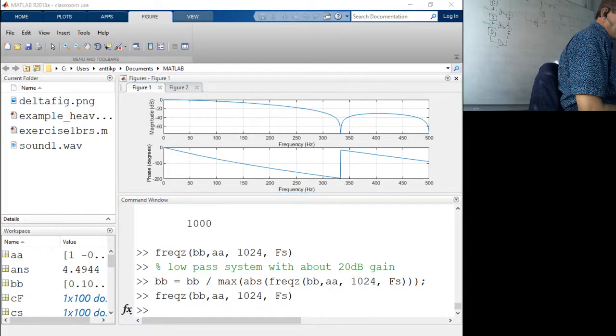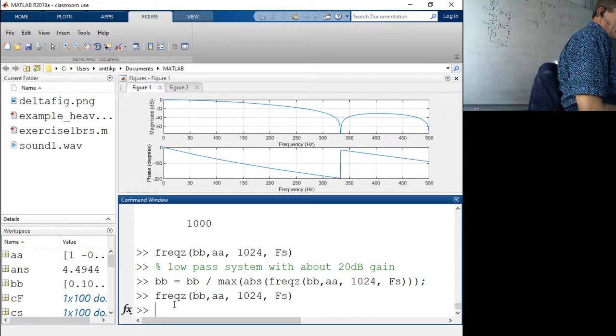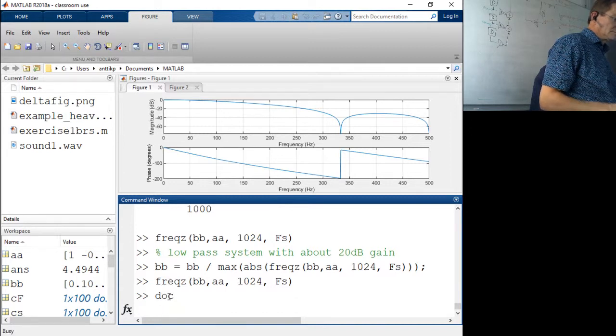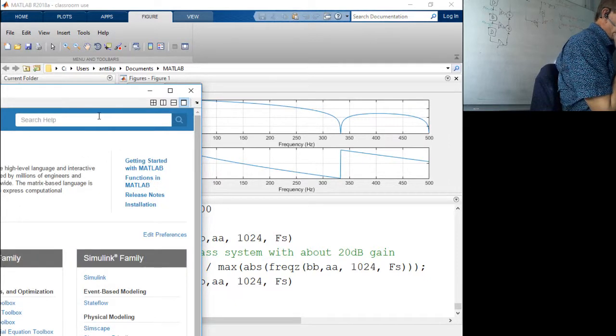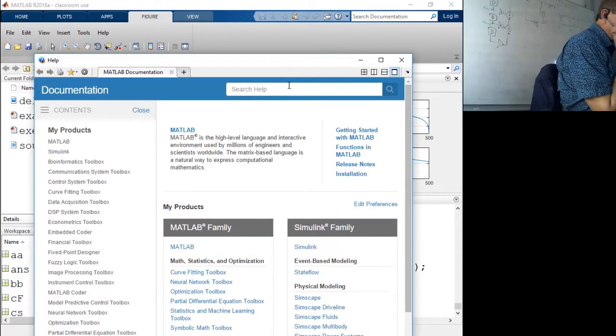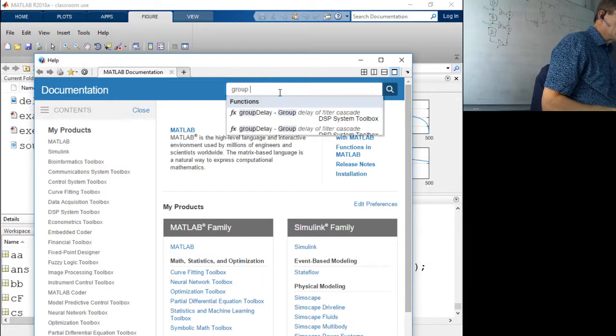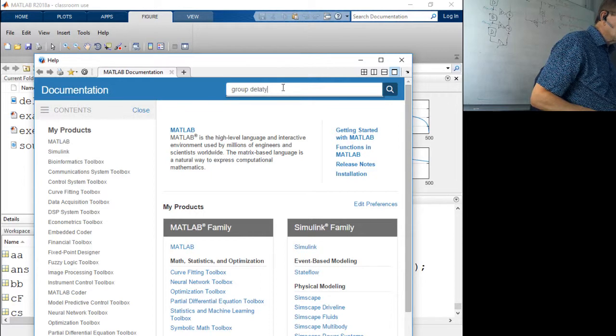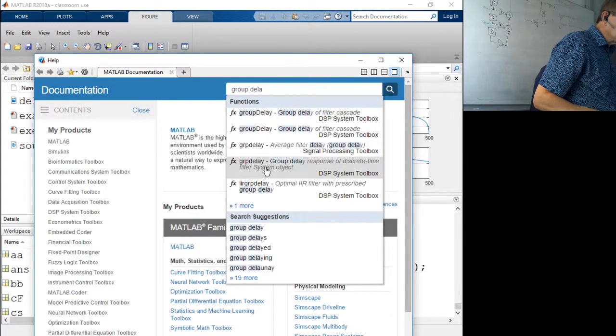So unity gain scaling done here. Then the group delay. Let me find some help. Group delay.